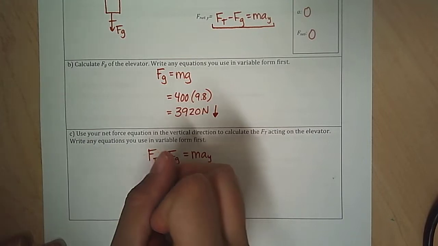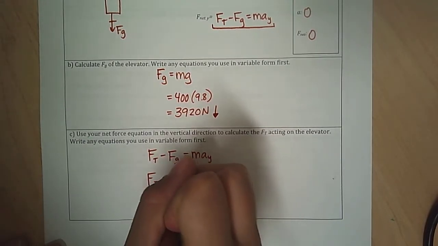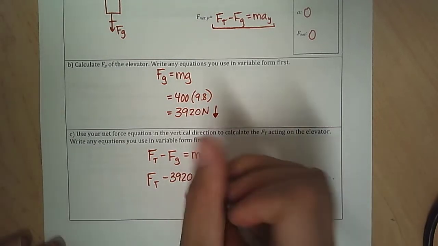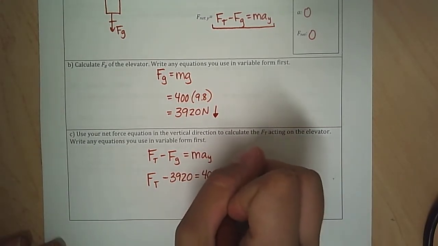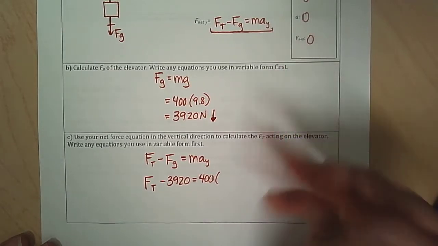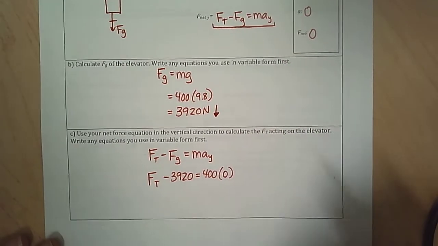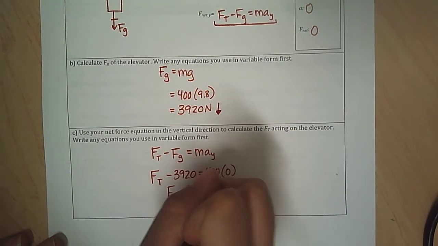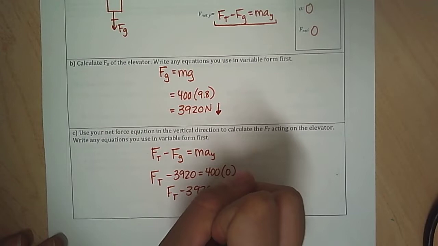And so we're solving for Ft, so I'm going to leave that there. Fg is 3920. The mass is 400. And the acceleration is right here in this diagram. We said it was 0, so we can plug in a 0 for that. So Ft minus 3920 is equal to 0.